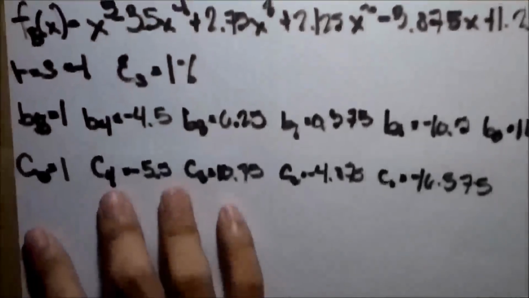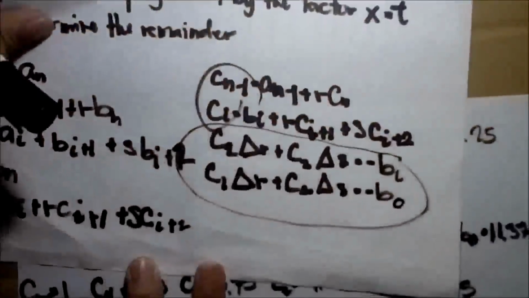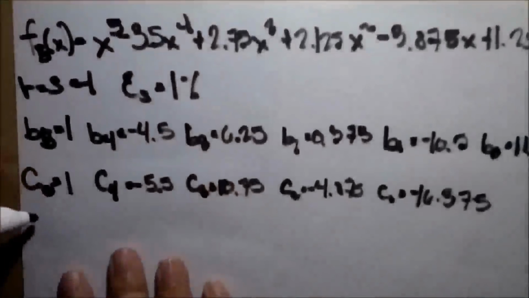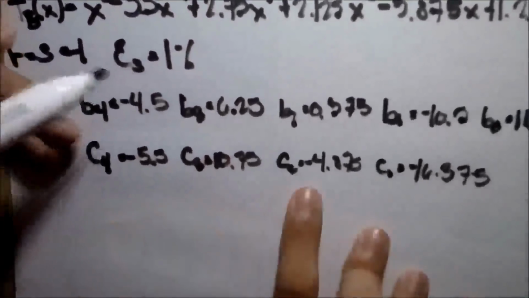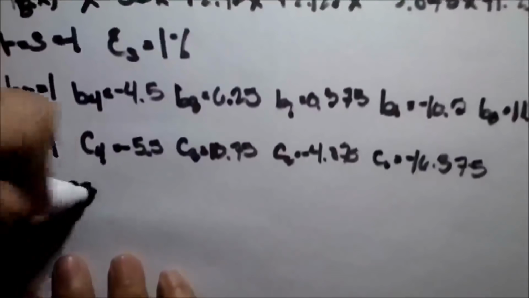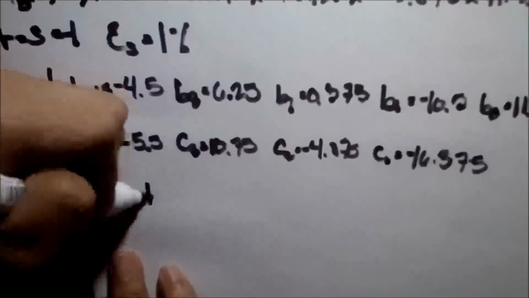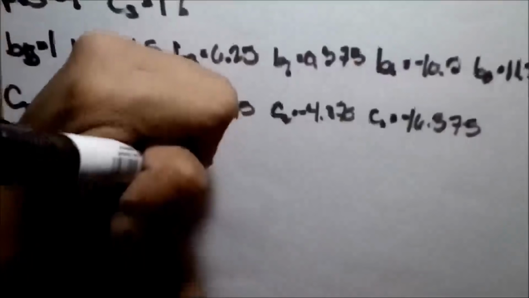Next, you must perform this formula. c sub 2 delta r equals negative 4.875 delta r plus 10.75 as the c sub 1.